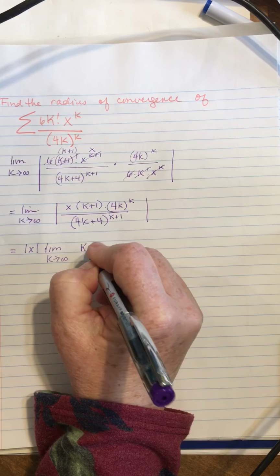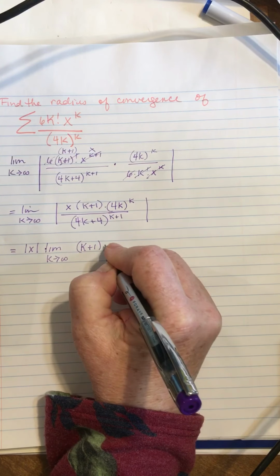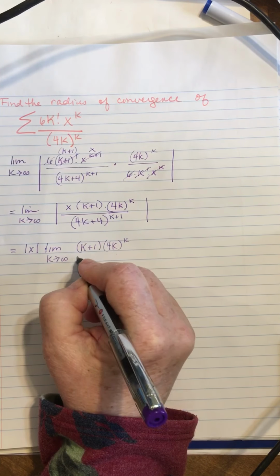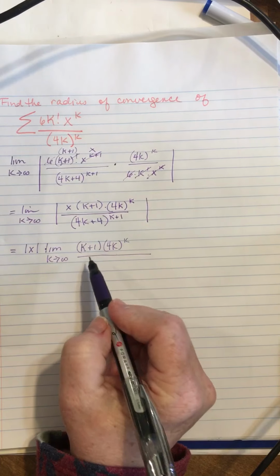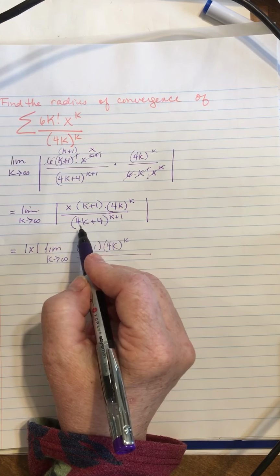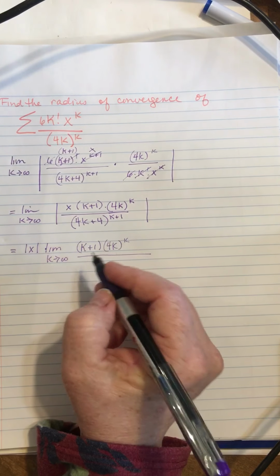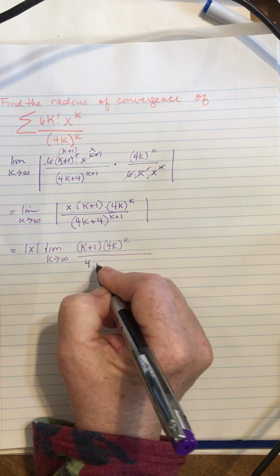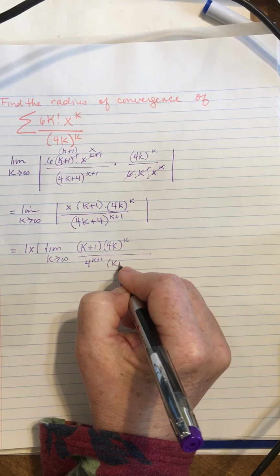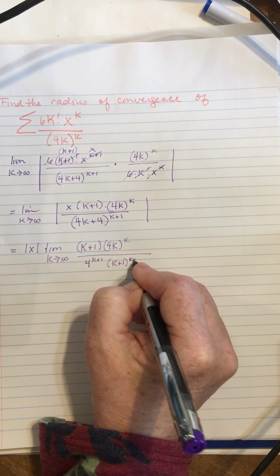But I have (k plus 1) times (4k) to the k over, now let's see, could we factor this at all? 4k plus 4 is 4 times (k plus 1), so that would be 4 to the k plus 1 times (k plus 1) to the k plus 1.